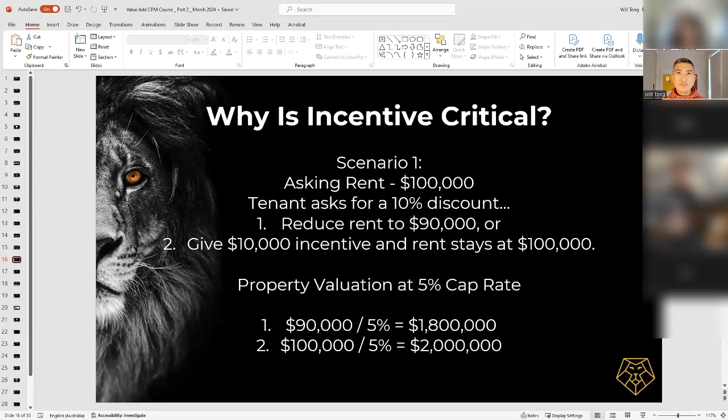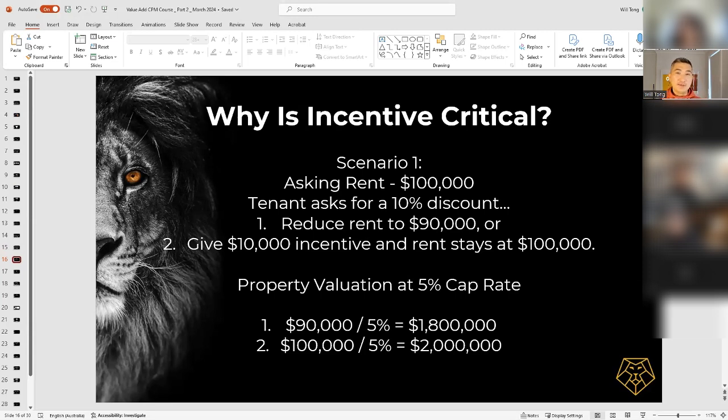So fast forward to valuation. When you're valuing a property, let's say this particular property has a 5% cap rate. In scenario number one, because you've discounted the face rent to $90,000, at a 5% cap rate the valuation comes in at $1.8 million.